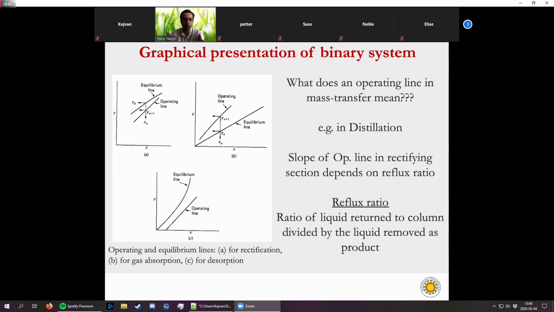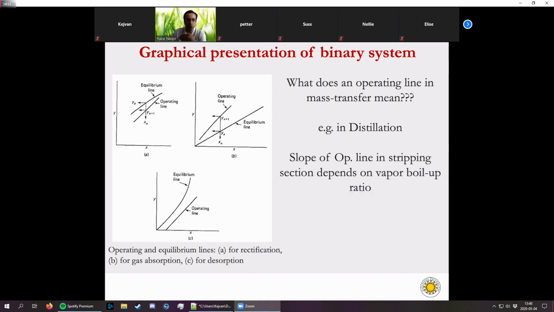The reflux ratio is the ratio of liquid that is returned back to the distillation column divided by the liquid removed as the overhead product, or removed as distillate. And the slope of the operating line in the stripping section depends on the reboiler, so it depends on the vapor boil-up ratio.